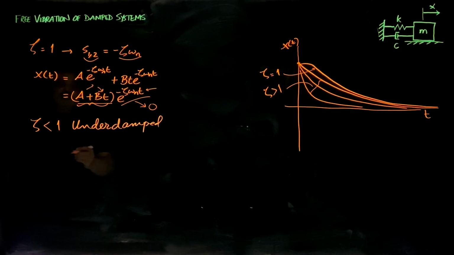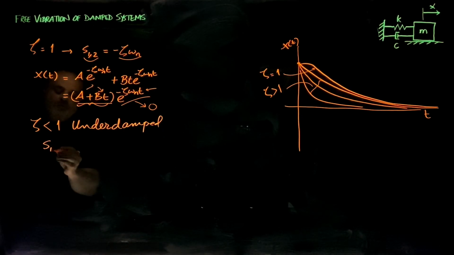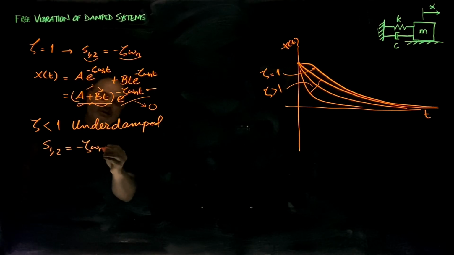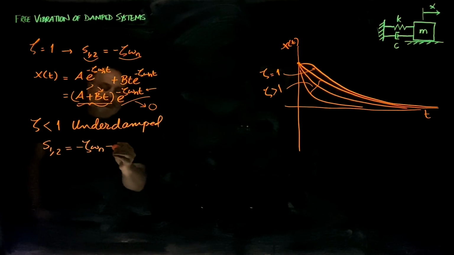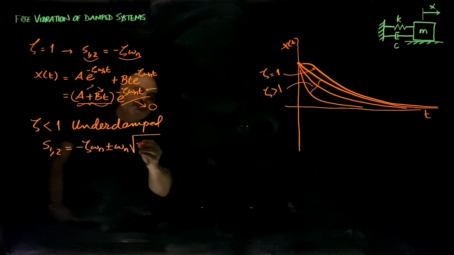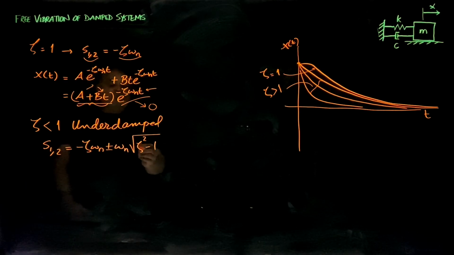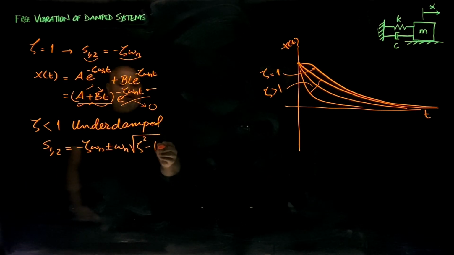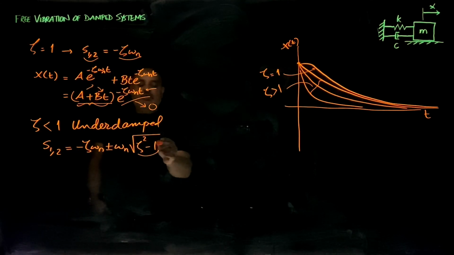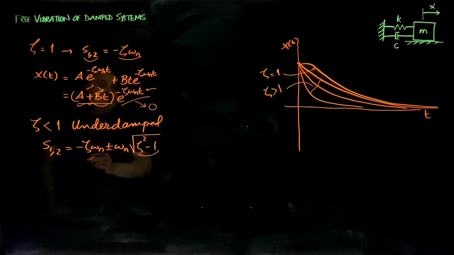Now, the roots s1,2 are negative zeta omega n plus or minus omega n square root of zeta squared minus 1. But since zeta is less than 1, this is going to be negative. A negative square root will end up being an imaginary term.